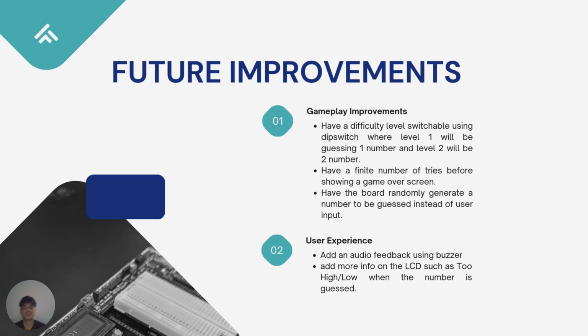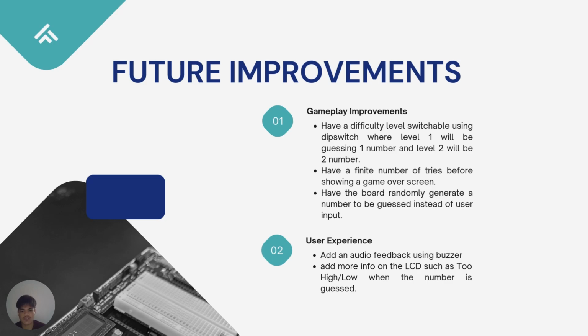For future improvements, we go first to gameplay improvements. Have a difficulty level switch using the bit switch, where level 1 will be guessing one number and level 2 will be two numbers. Have a finite number of tries before showing a game over screen.